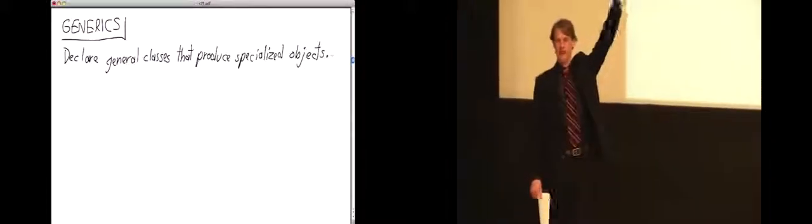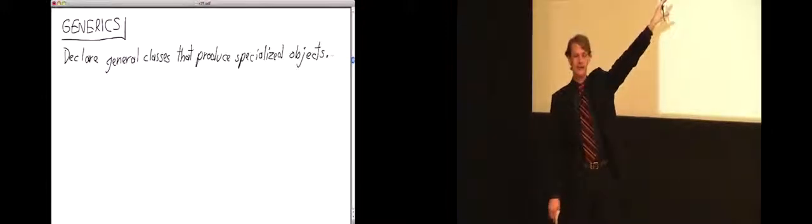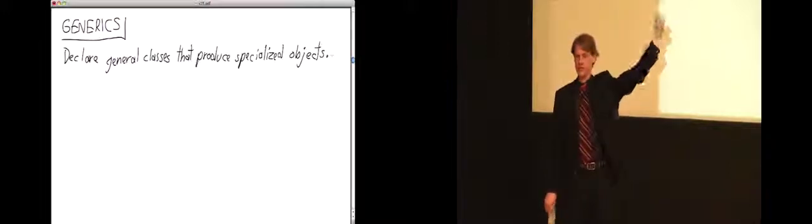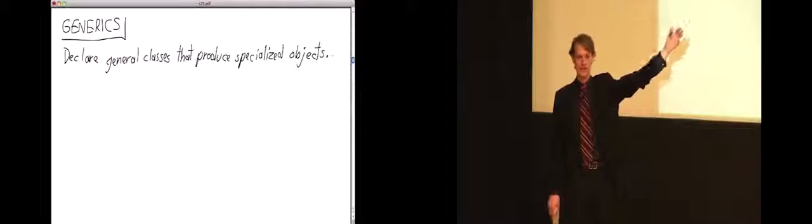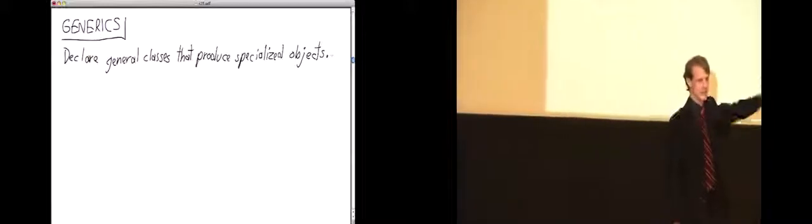Let me repeat that. I'm going to declare a general class, a class that can store any kind of object in my list. But I'm going to be able to produce a specialized list that only stores strings, and another specialized list that only stores integers, and another specialized list that only stores exceptions.